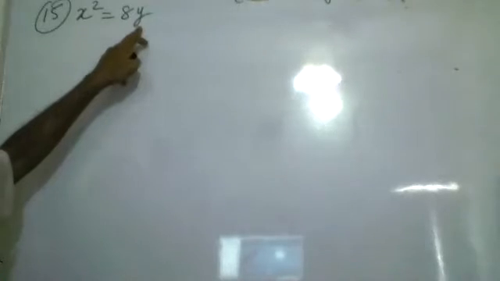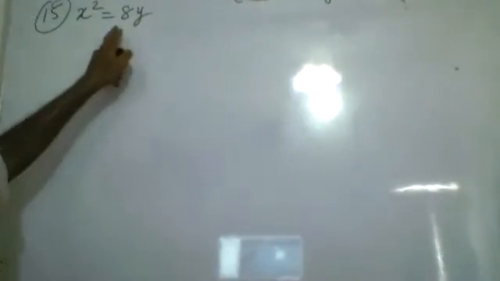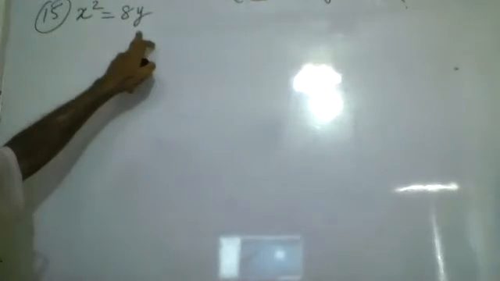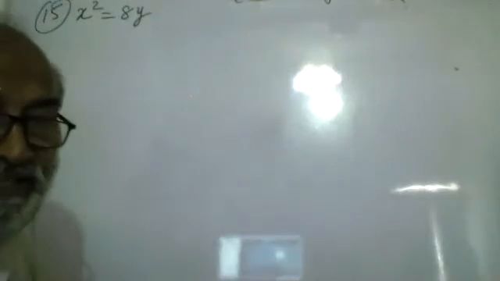It means the axis of symmetry will be on the y-axis. I told you the four equations: y square is equal to plus minus 4px, and x square is equal to plus minus 4py. When it is 4py, the axis of symmetry will be along the y-axis.